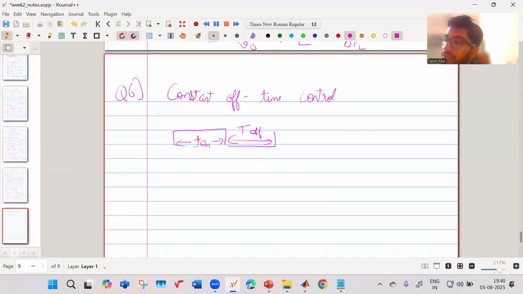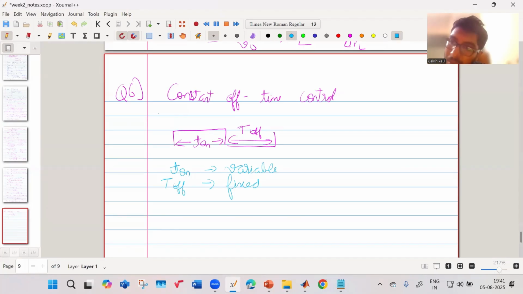So if you will notice carefully, t is small t. T on is small t, so it is variable. T off, T is capital T, so it is fixed.